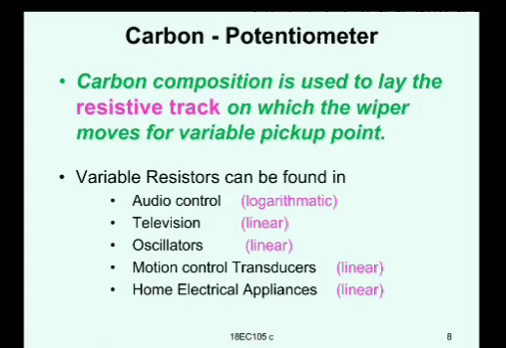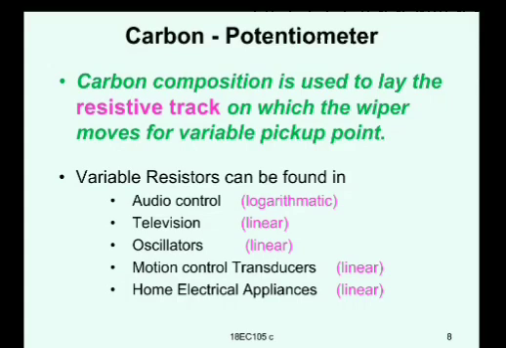Now let us see where we generally come across these potentiometers. The variable resistors can be found in audio control circuits, televisions, oscillators, motion control transducers and home electrical appliances, where normally you will have a control knob to vary the volume in radios and television receivers, sometimes to vary the brightness levels, contrast levels and color levels in a TV, of course in the older models.